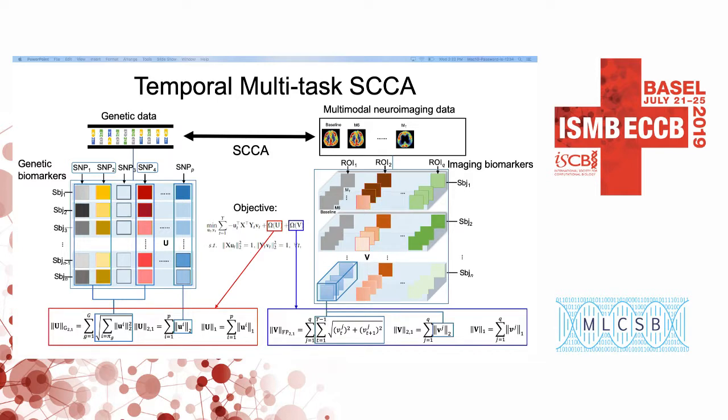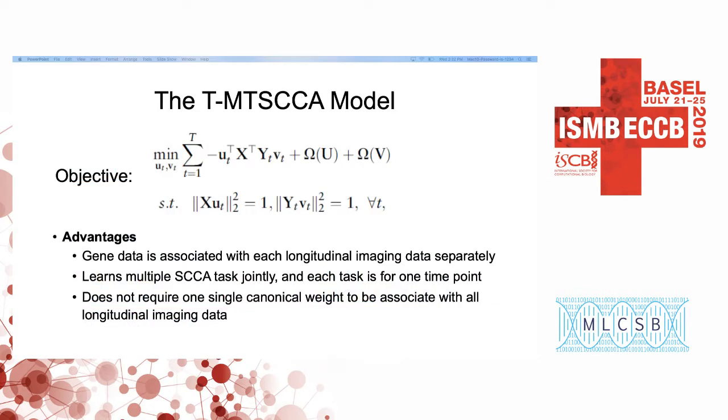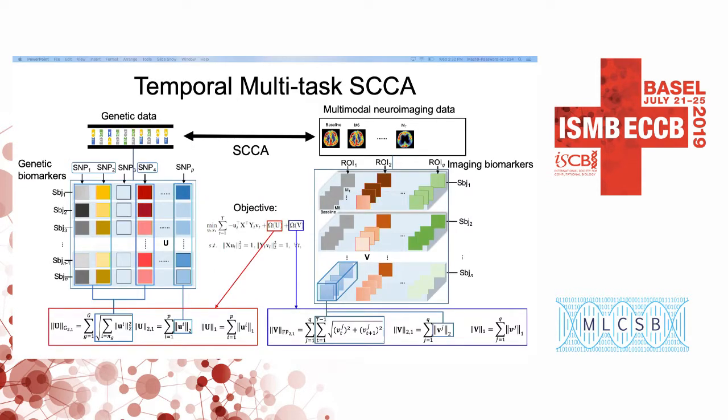For each individual SNP, we use the L21 norm to constrain them across multiple time points. This can help us select SNPs that play roles during all time points. And the L1 norm is used to help us select SNPs that are only effective at one time point, not all.